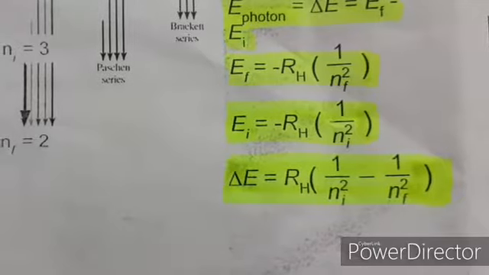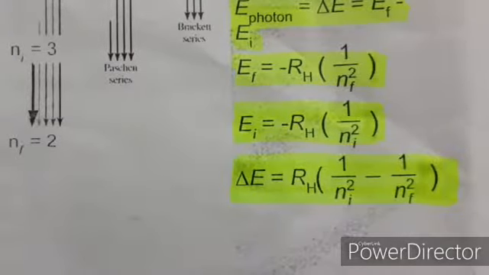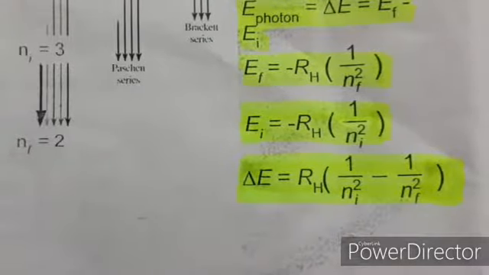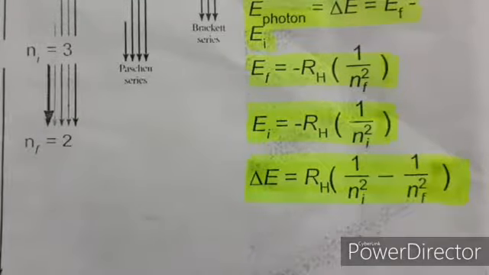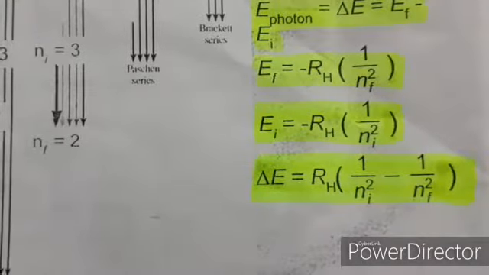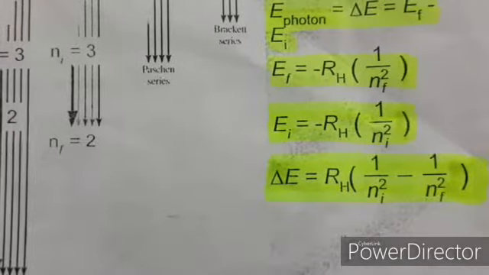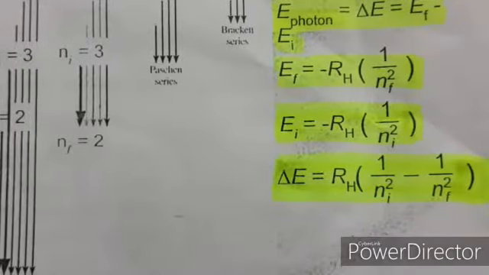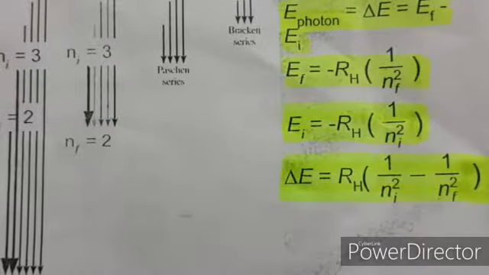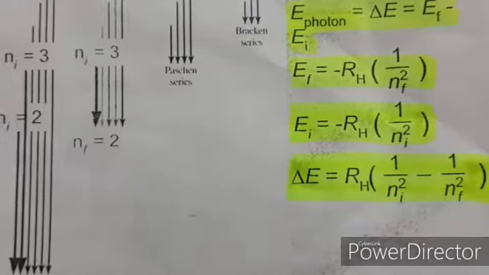Hi, I'm going to explain the formula to calculate the energy of a photon. So let me start. Photon energy, which is energy from light, is equal to delta energy. To calculate delta energy, final energy equals Rydberg constant multiplied by 1 over the principal quantum number of final squared. The same goes for the initial energy.